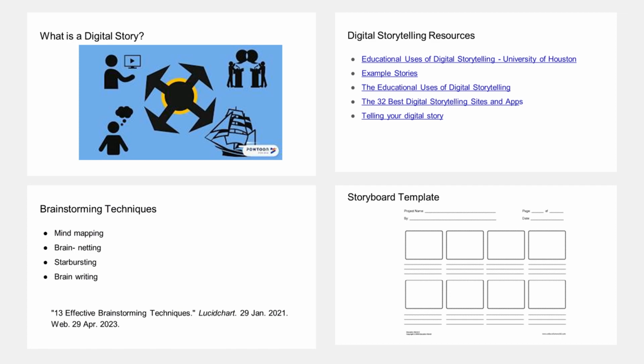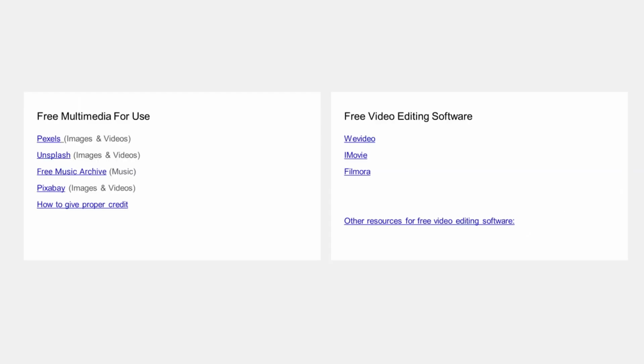Next was the storyboard template that they would use when writing their script or making a storyboard, which will give them a lot of visual aid in creating a coherent story that makes sense. Another thing that was really relevant was providing resources where they can get free content to use that wouldn't be affected by copyright.